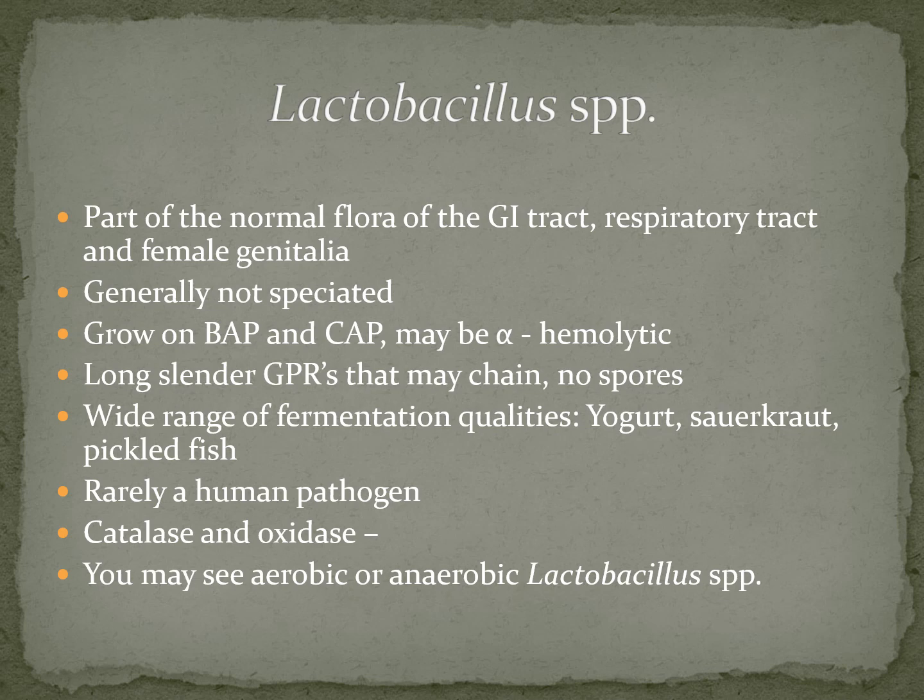One thing that's interesting about Lactobacillus is, like Streptococcus, it can be used to ferment things like yogurt, sauerkraut, and pickled fish. Lactobacillus is rarely a human pathogen, and it is catalase and oxidase negative. And keep in mind, you may see on your patient sample either aerobic or anaerobic lactobacillus. These are gram-positive rods.